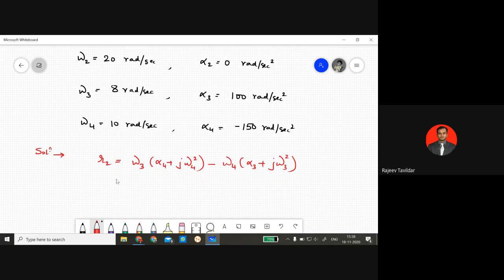Now you know all the values. We solved the problem yesterday. Add these values and put them into real and imaginary terms, and from that you can calculate the magnitude of R2, which will be the square root of real square plus imaginary square.